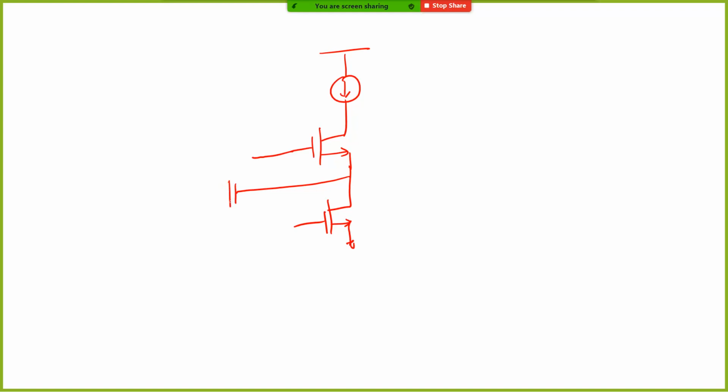So what can we say? Let's say we have another way to implement. Then you might say, let's just go for a PMOS transistor. Now what happens when you go for a PMOS transistor? Let's say you put a PMOS transistor as the input, and you have a current source. Now this is connected here. Let's say this is M1, M2. Let me call this same thing as I3, M3.